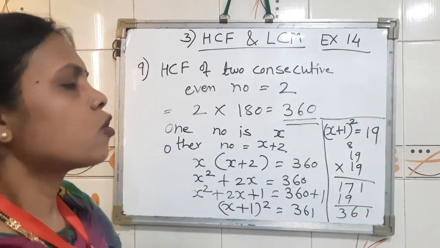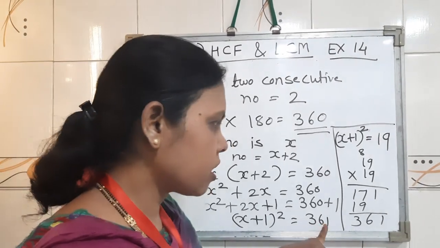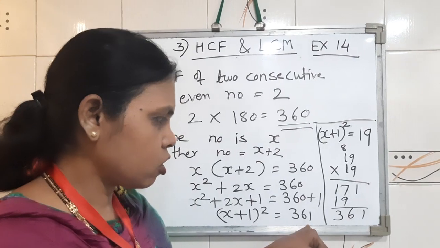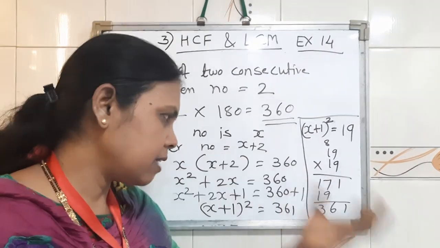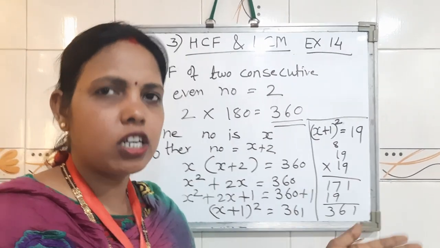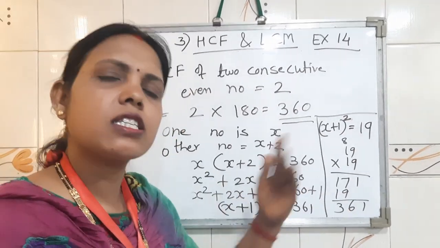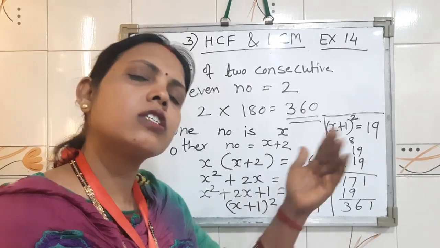So children, to find the number whose square is 361, you have to remember squares. The square of 1 is 1, the square of 2 is 4, the square of 3 is 9, the square of 4 is 16.